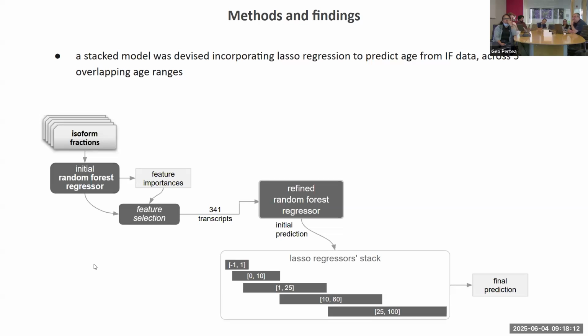prediction and sends it to one or more of the 5 overlapping lasso regression models. This is a multi-stage framework which seems to have allowed for the identification of DTU genes with a strong predictive power within specific age intervals. By using overlapping age ranges, as we notice here, the ranges are very much overlapping.